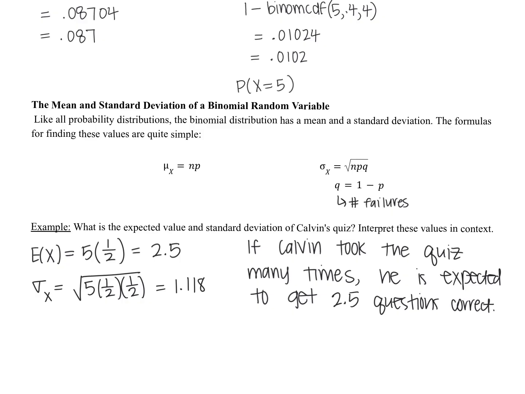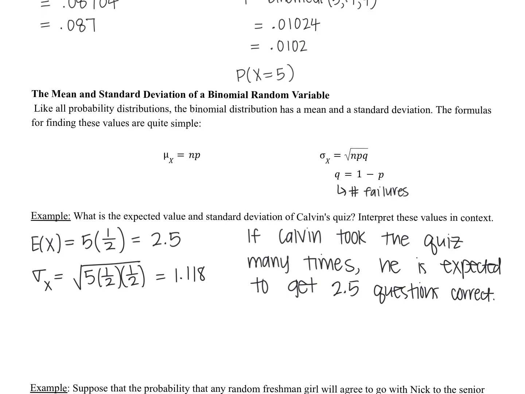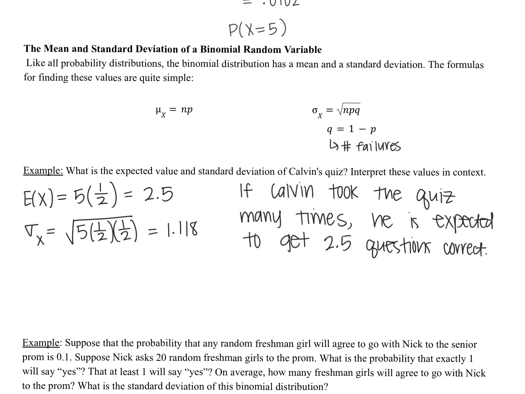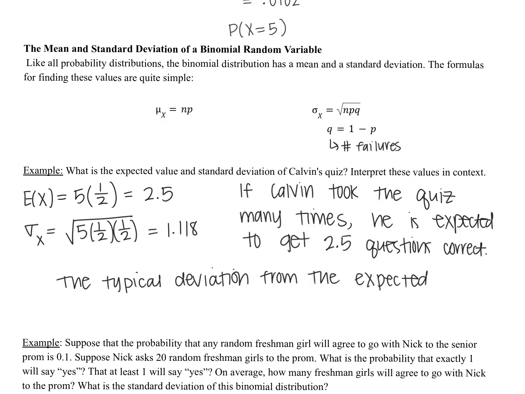Now, even though that doesn't make sense because you can't really get half a question correct, we always want to interpret the mean and standard deviation for these using the decimal. We don't actually want to round it. We want to use the decimal. So then if I'm interpreting my standard deviation, we would say the typical deviation from the expected value is 1.118 questions correct.